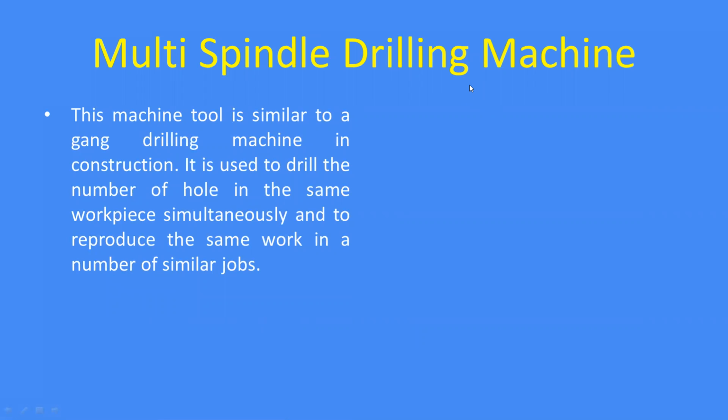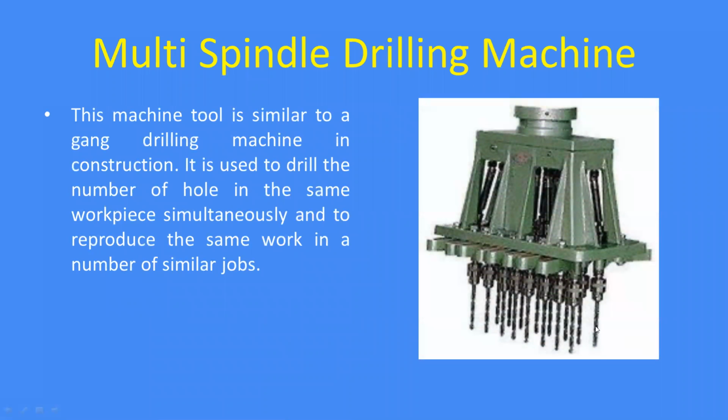Next one is the multi spindle drilling machine. You can see here, these are the spindles. We will have a number of spindles over here. This kind of machine is similar to the gang drilling machine, but in a gang drilling machine, for each and every spindle we have one head, whereas in multi spindle drilling we have multiple spindles.